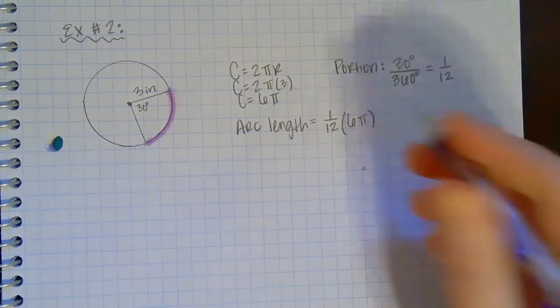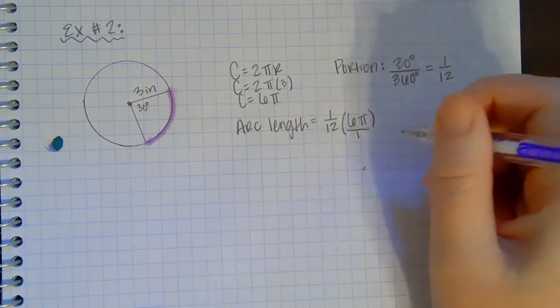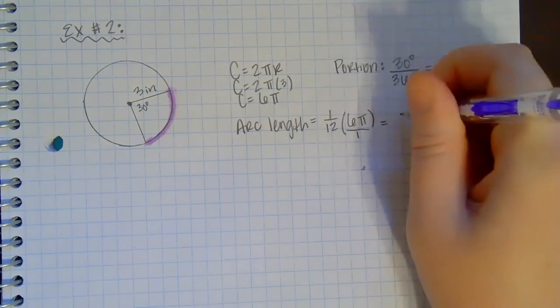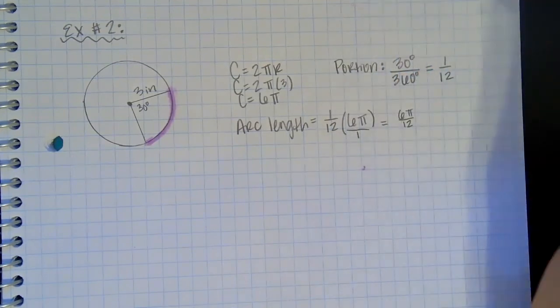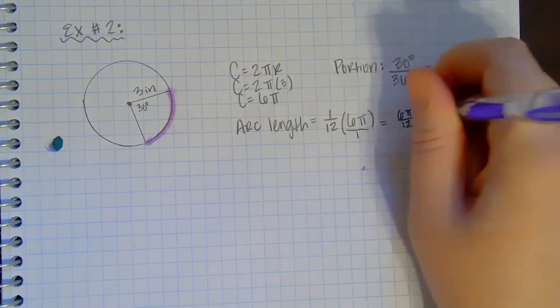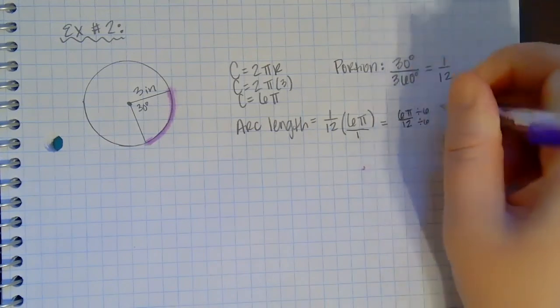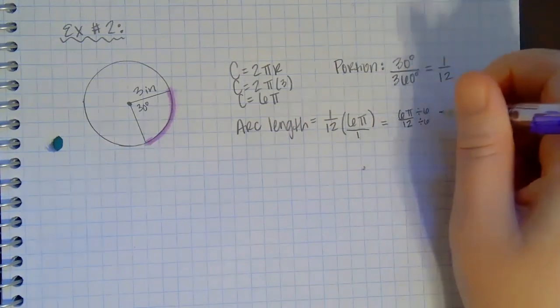Okay, so I can make this over 1 and multiply straight across, or you can use a calculator. I'm just showing you the simplifying. If I multiply straight across, I get 6 pi over 12. And I happen to know that 6 goes into 6 and 6 also goes into 12. So I could simplify by dividing by 6 on top and bottom, which is a giant 1.